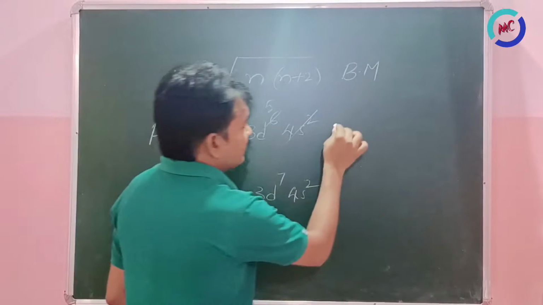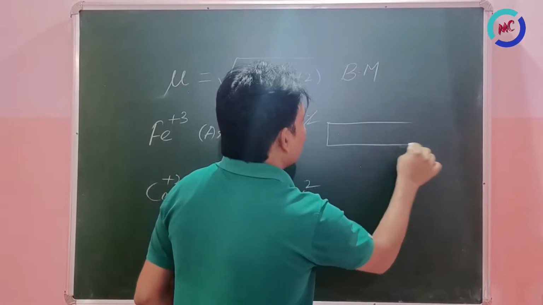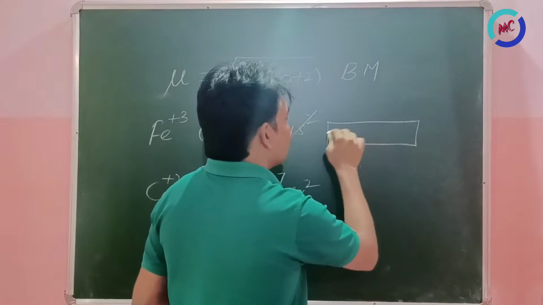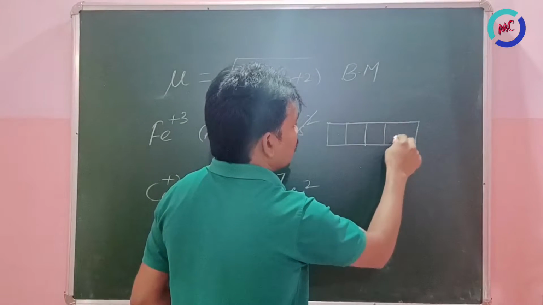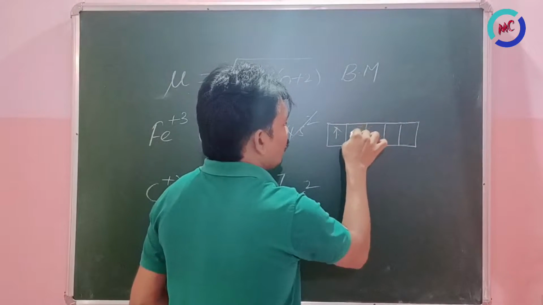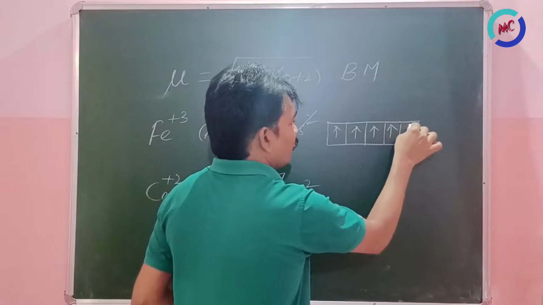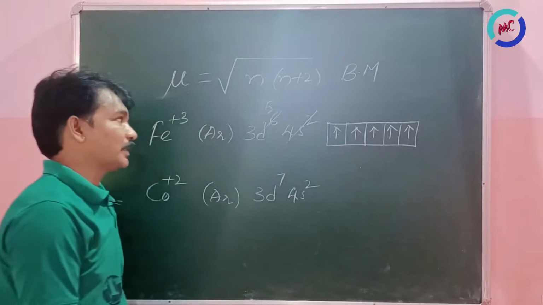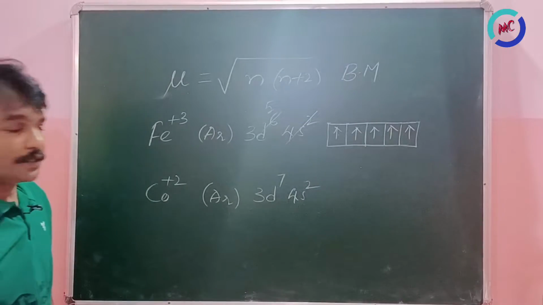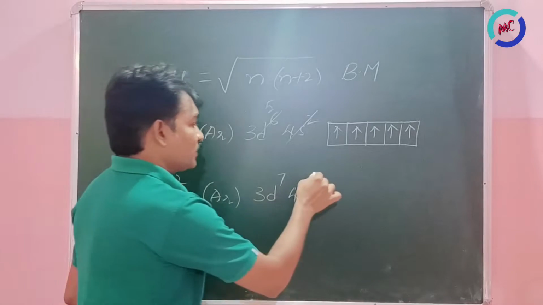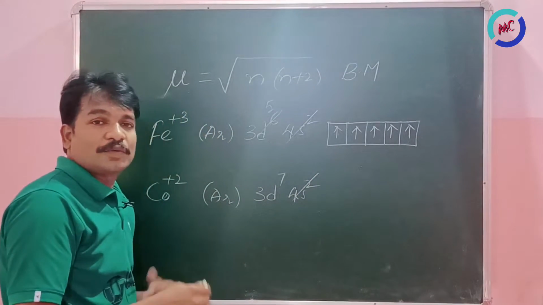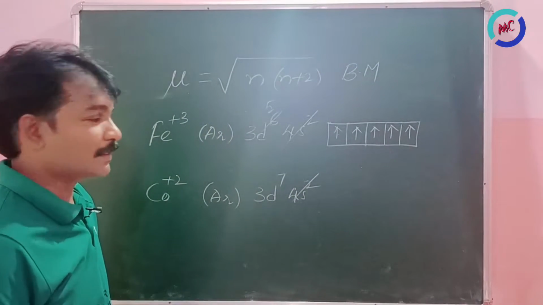3d5 configuration in the sense, how many unpaired electrons are there? You have to write the box method using Hund's rule. 1, 2, 3, 4, 5 unpaired electrons are there. And in case of dipositive cobalt ion, 2 means it has to lose the outermost 2 electrons, means valence electrons.